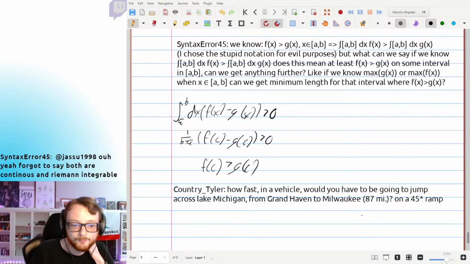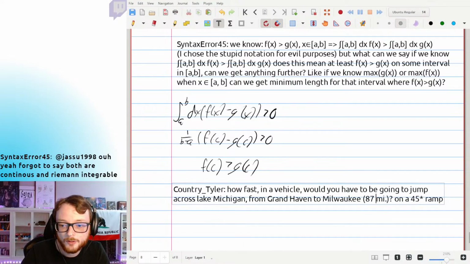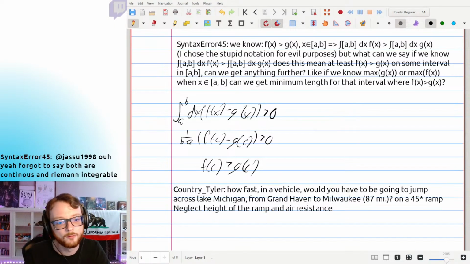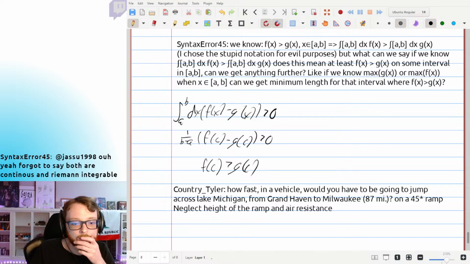So for Tyler's, because it's just kind of for the memes, we're going to neglect the height of the ramp and air resistance. The height of the ramp, I don't imagine is very significant anyway.